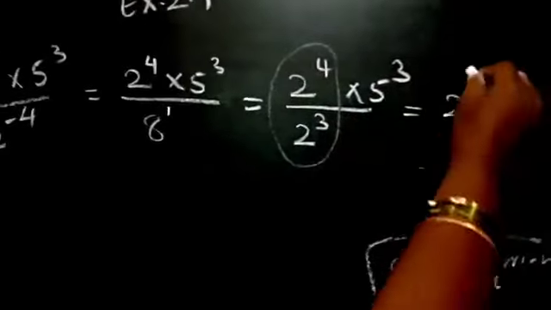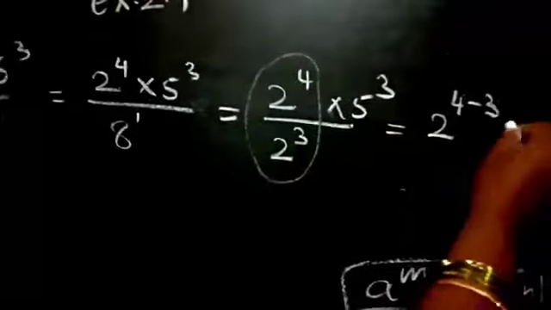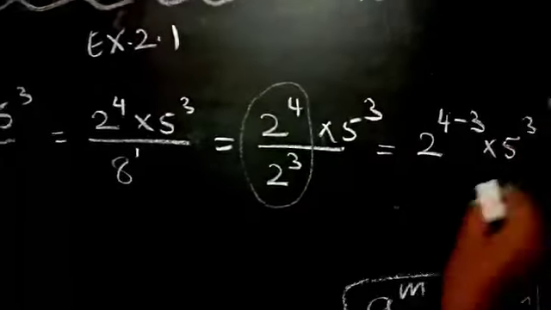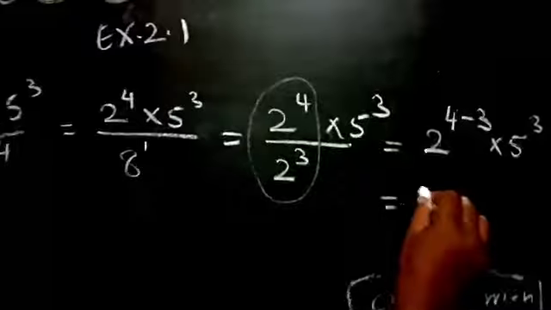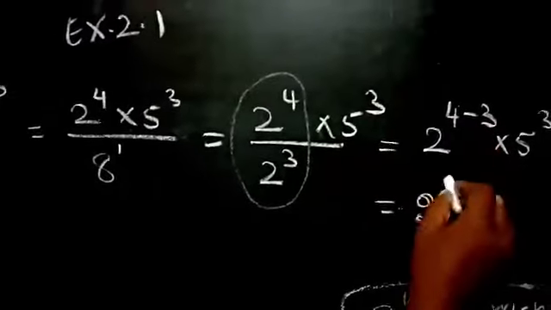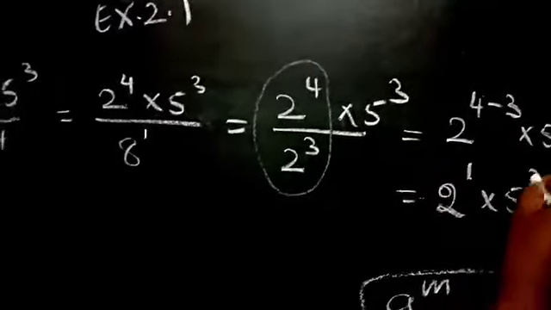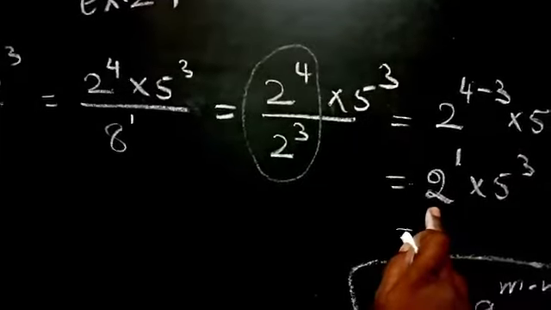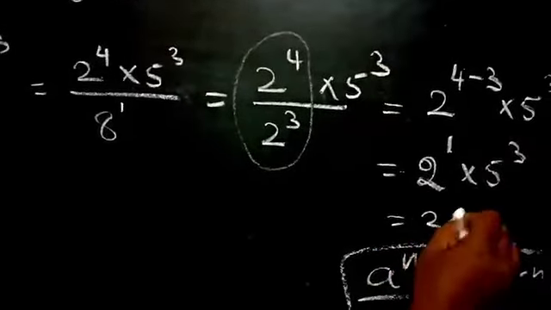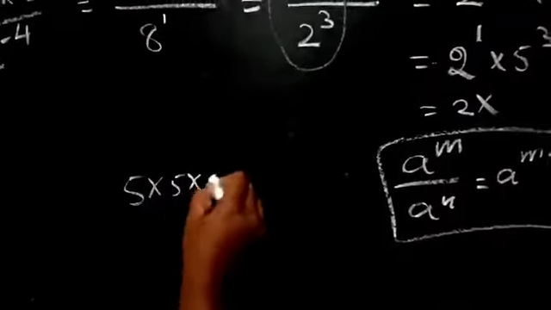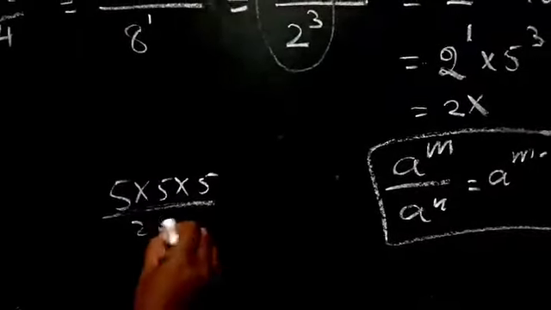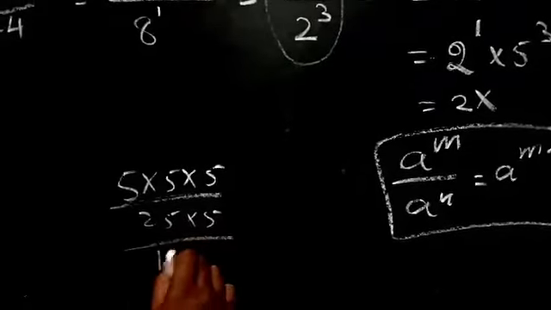So 2 to the power of 4 minus 3 into 5 power 3, which is 2 to the power of 1 into 5 cube. 2 power 1 is 2 only. 5 cube is 5 into 5 into 5: 5 5s are 25, 25 5s are 125.